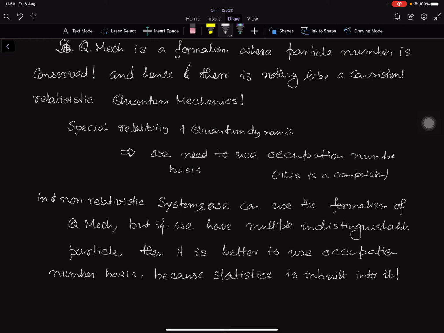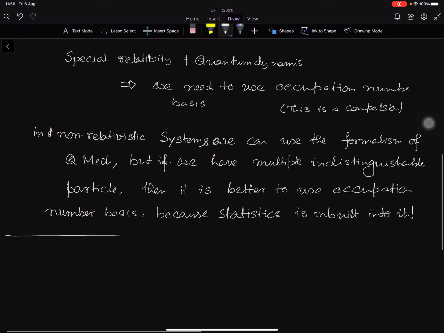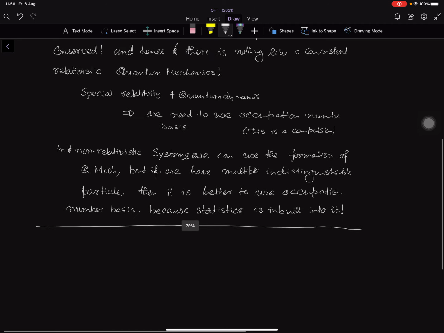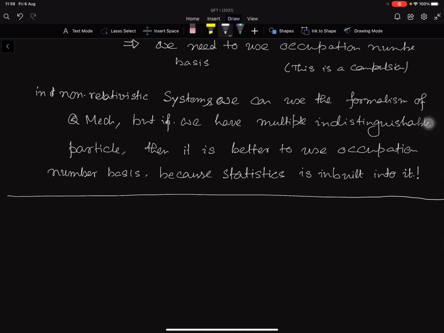And now we will try to see how, in this occupation number basis, what we mean by quantum fields and how quantum fields are useful.